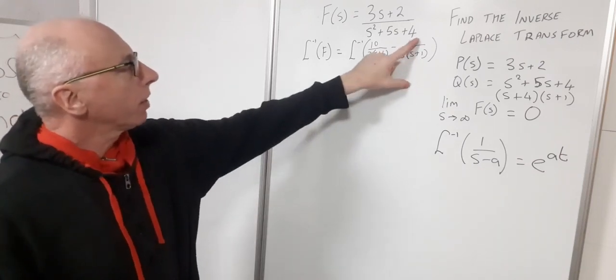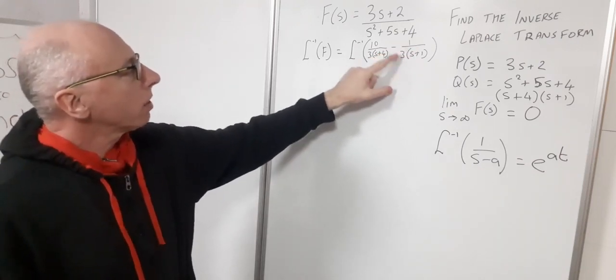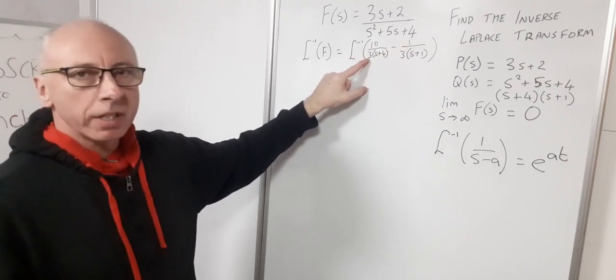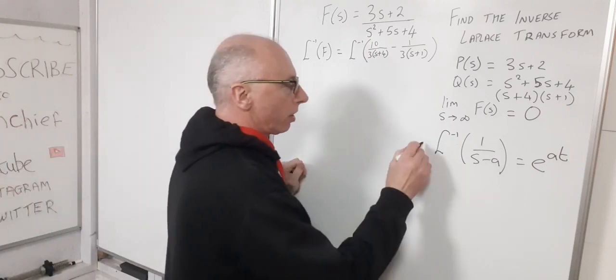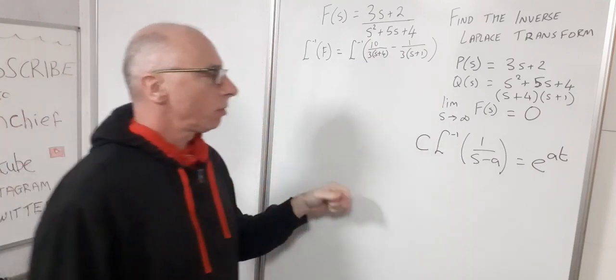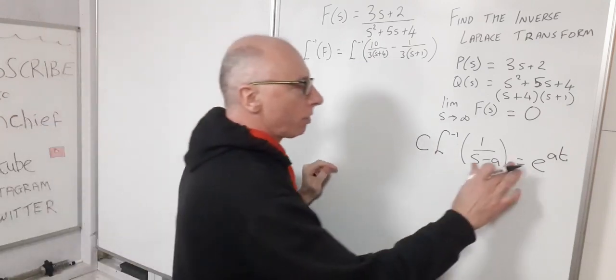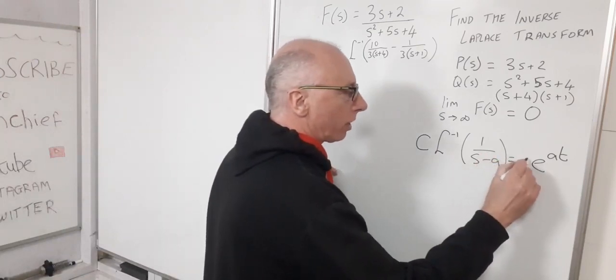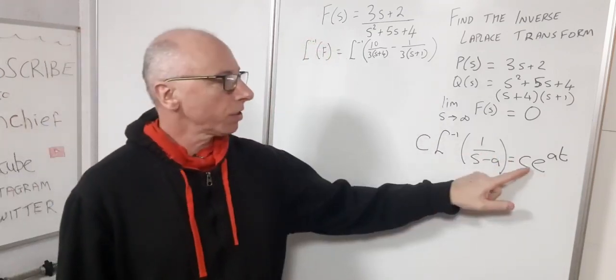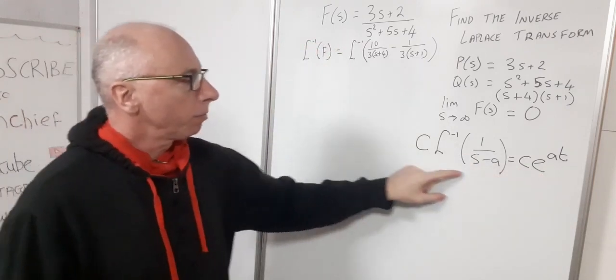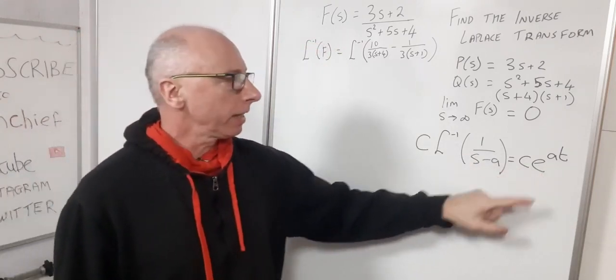Now we have this kind of format here, but we have these constants in front of it, or coefficients. So now we have another general version of this, where if we have a constant that we multiply it by, our result will be just the constant in front of it. So basically some sort of linear constant at the front, and then that would be c times e to the at.